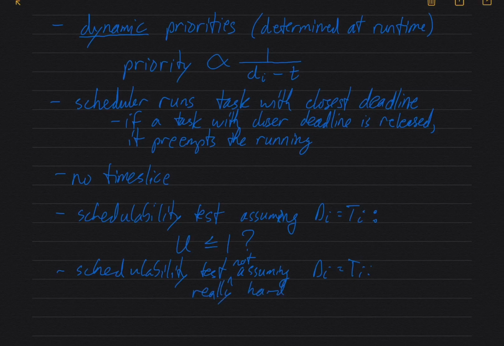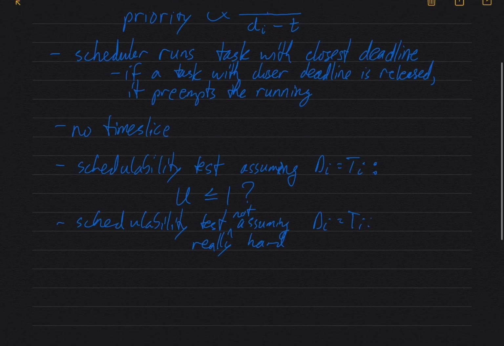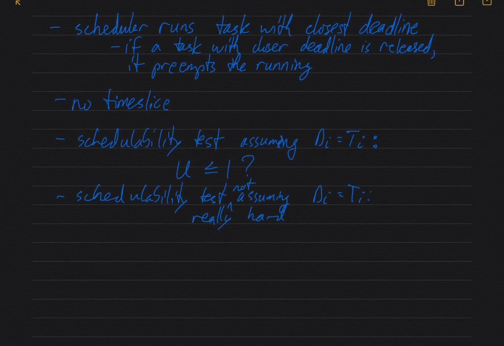It's quite time consuming, and a lot of work has been put into how to calculate that with low runtime complexity, but it's a lot more complex than rate monotonic, for example, which is one of the reasons that EDF hasn't taken over the real-time scheduling world, even though it is the optimal algorithm.